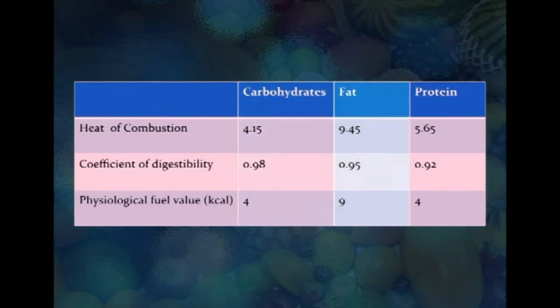Similarly, if we look at fat, the heat of combustion is 9.45 and the available calorific value is only 9 calories. For proteins, the difference is the maximum because the heat of combustion, though it is 5.65 calories, the energy available is only 4 calories, because here the nitrogen component of the protein does not allow total combustion.